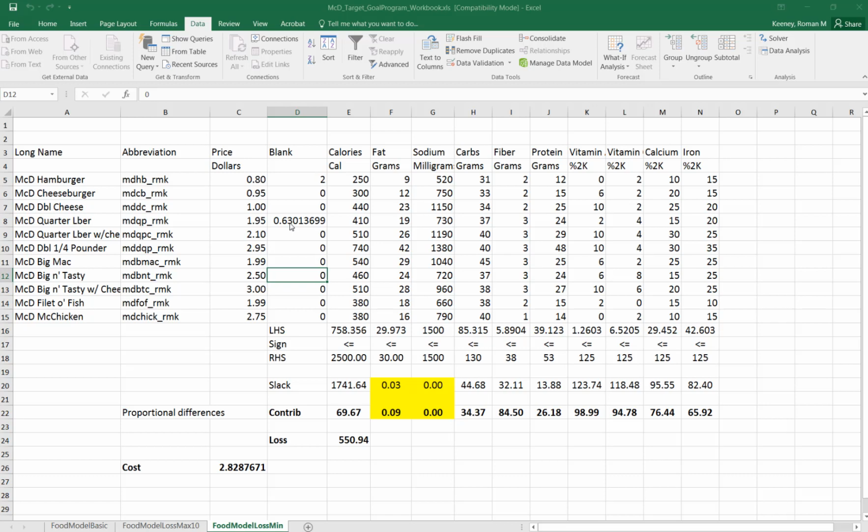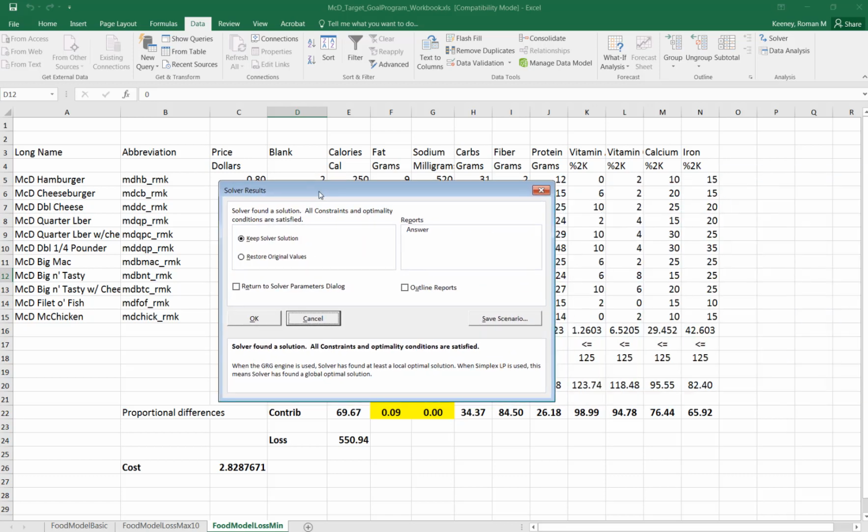Well, McDonald's has the same restrictions on buying a quarter pounder as they do everything else, so we really should have just made everything in this vector integer constrained.